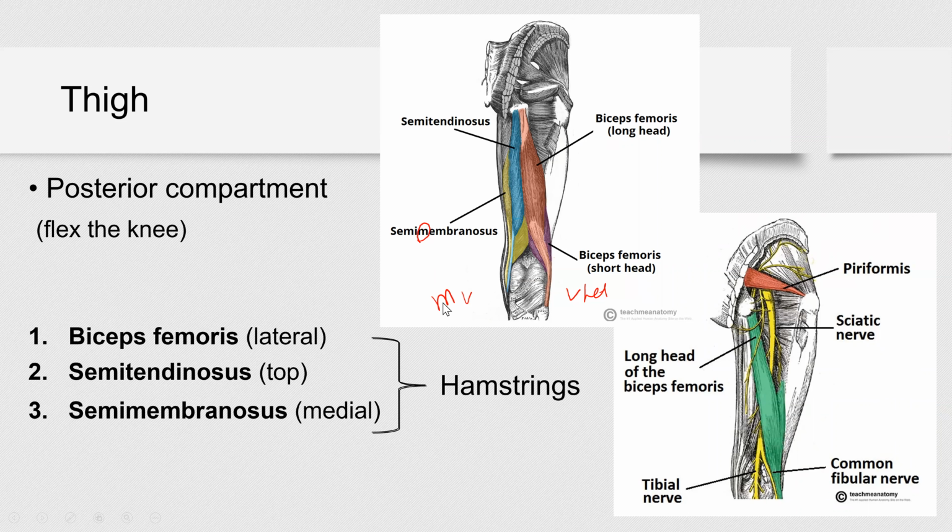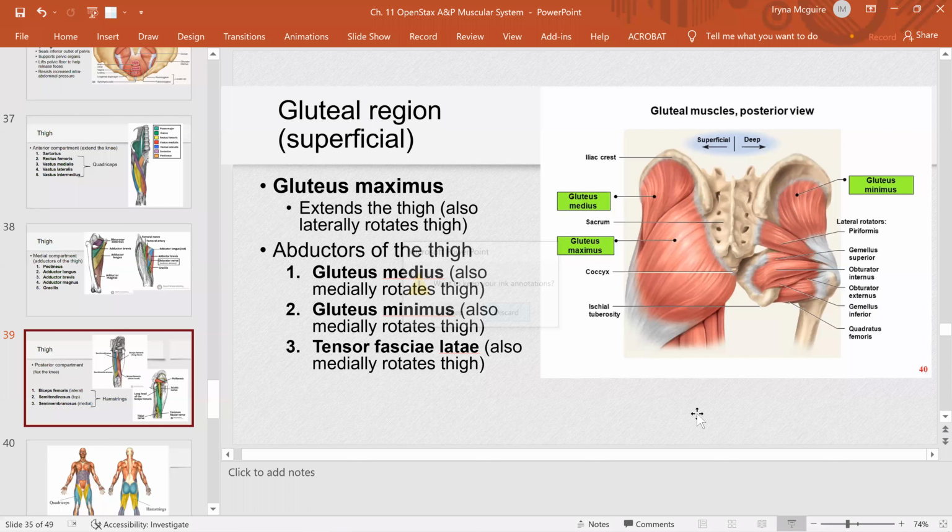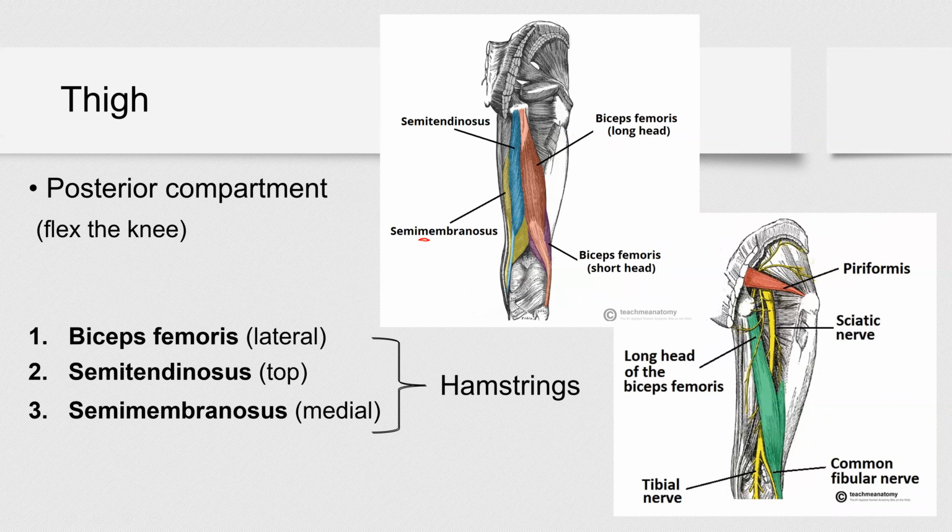And on the top of semimembranosus, we have semitendinosus. And if you look at this letter T, right, that should help you to remember that it's on top. Yeah, this is horrible how I highlighted this letter. So let me just get rid of all this stuff. Right, so again, we have semimembranosus and we have semitendinosus.